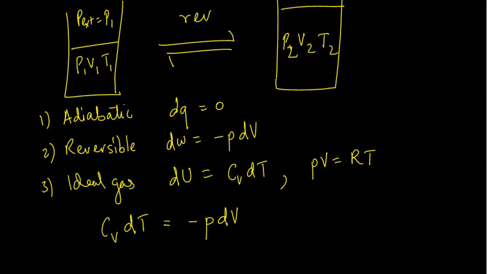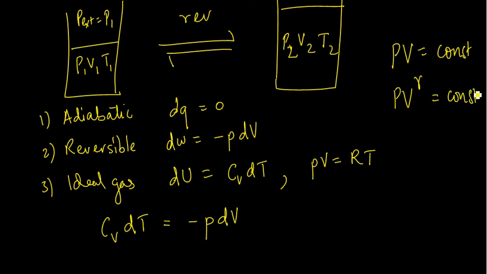What does not hold true is that this PV remains the same constant throughout the expansion. In case of an isothermal expansion, what you had was PV is equal to a constant, right? And in case of adiabatic, you already know that PV to the power gamma is equal to a constant.